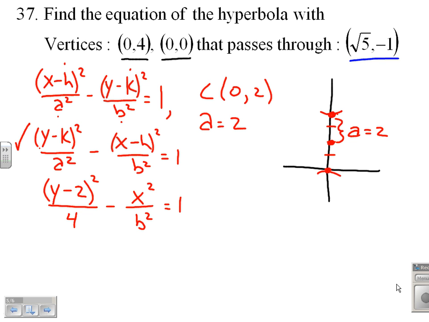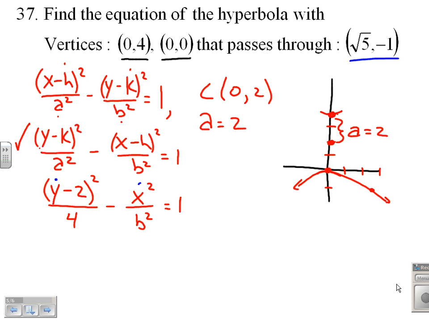So this tells us that we have a point at √5. So let's go √5, a little bit more than 2, and -1. We have a point somewhere over in here. Well, that would give me a value that I could put in for y and for x and allow me to solve for b.